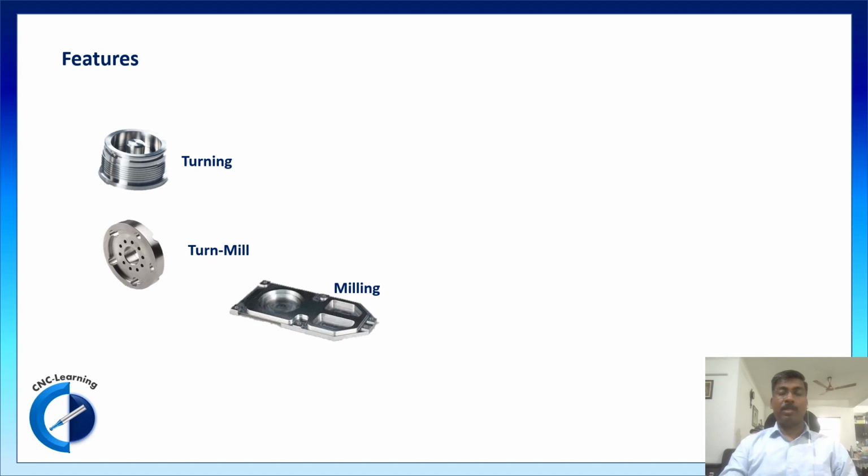Any non-cylindrical part, you need to choose a milling machine. Again, it can be VMC, HMC, vertical machining center, horizontal machining center, depending upon the application.